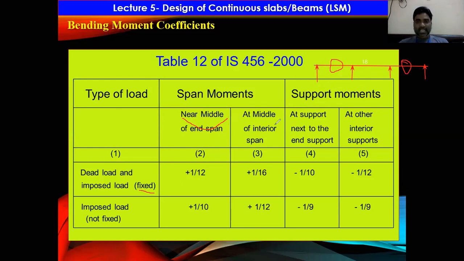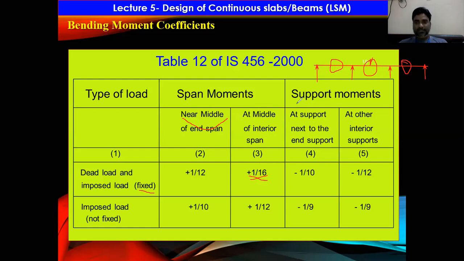Next, at middle of interior span. Suppose if dead load and live loads are fixed, then the bending moment coefficient at middle of interior span is 1/16. That means this is the interior span. These are the end spans. This is the interior span. So this value is used to determine the bending moment at the middle of interior span, right?